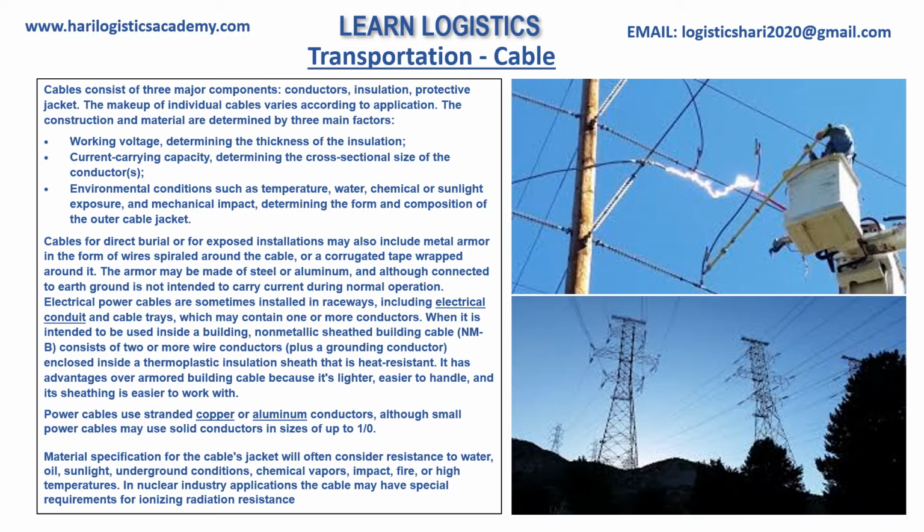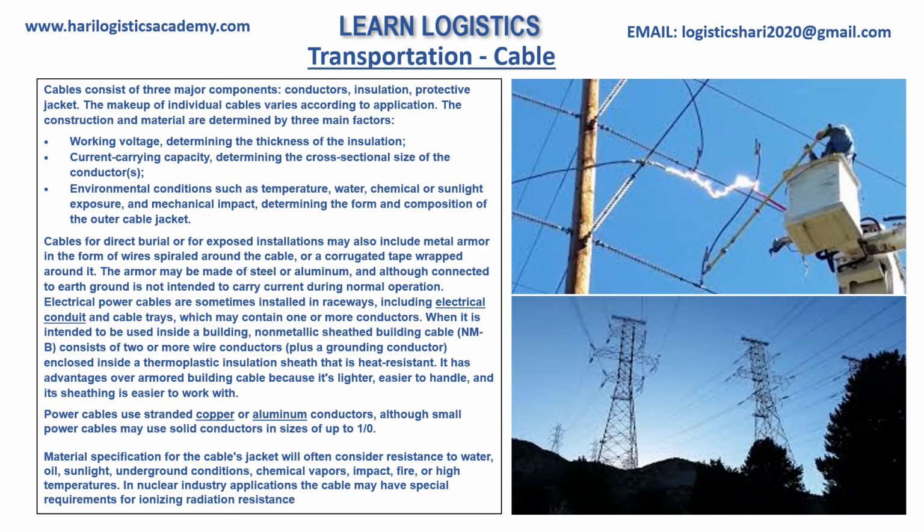Electrical power cables are sometimes installed in raceways, including electrical conduit and cable trays, which may contain one or more conductors. When intended to be used inside a building, non-metallic sheathed building cable, that means NM-B, consists of two or more wire conductors plus a grounding conductor enclosed inside a heat resistant thermoplastic insulation sheath.